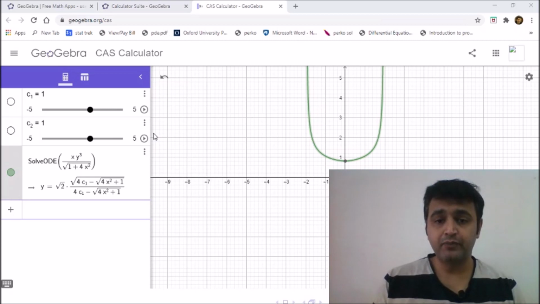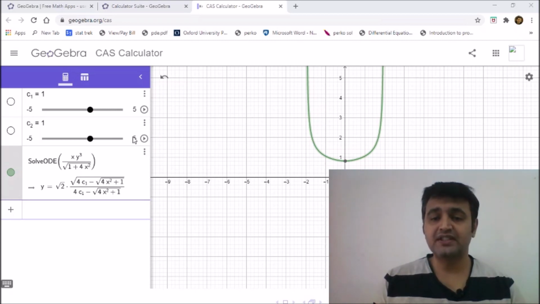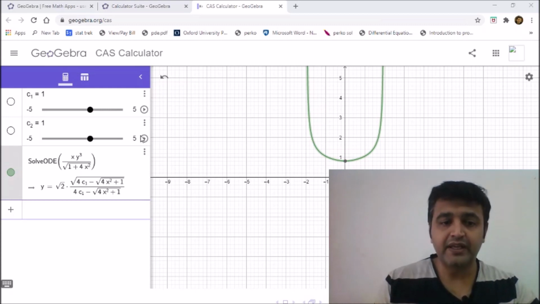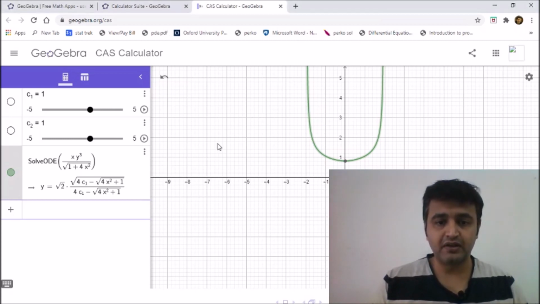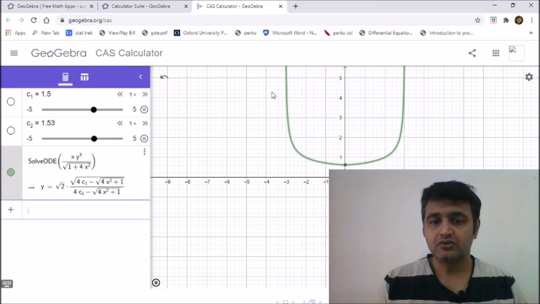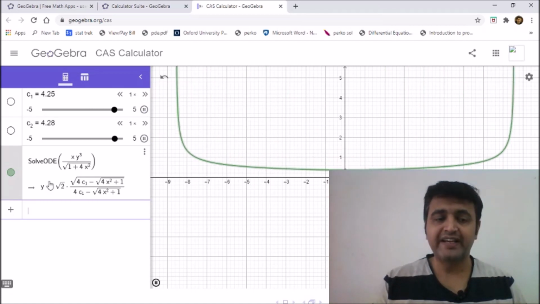The only drawback you can see over here is that GeoGebra takes the solution as a function. So I'm getting y equal to this thing. I should have got plus minus, right? Because if I don't write plus minus, I will get only one side of the curve. If I run the sliders, I'm getting only the positive side of the curves, y is positive, but y can be plus minus.